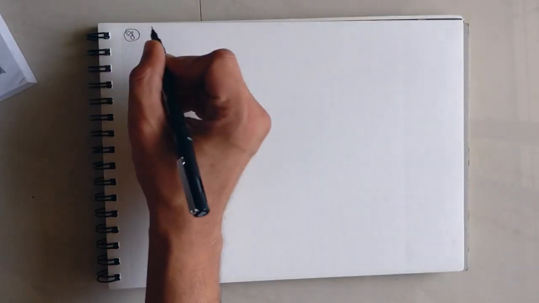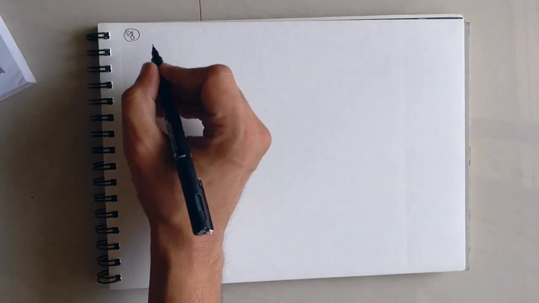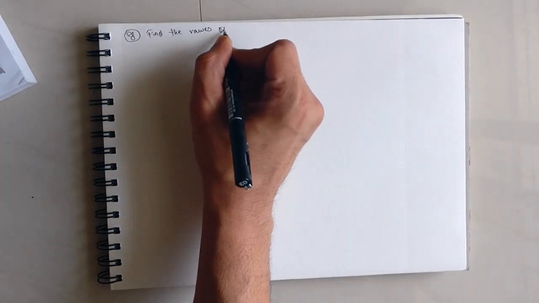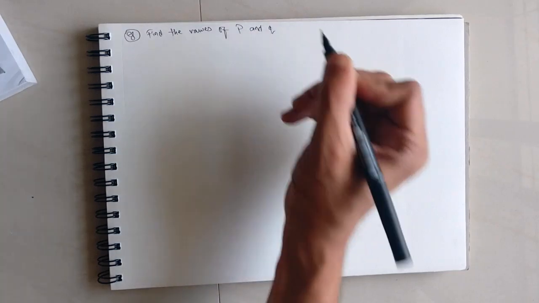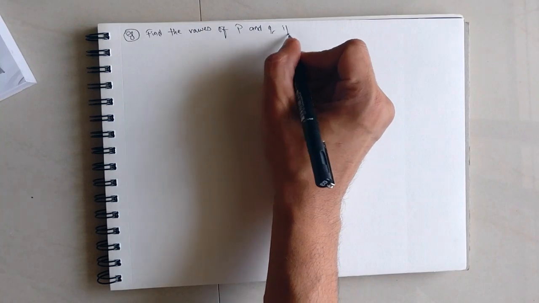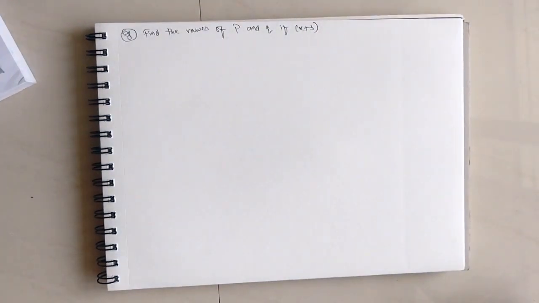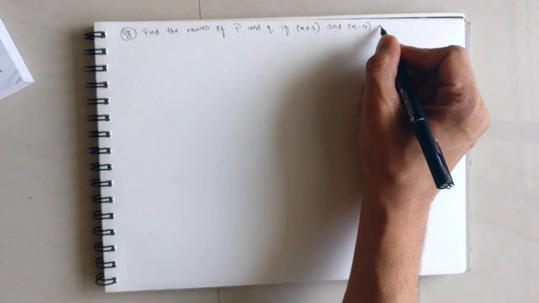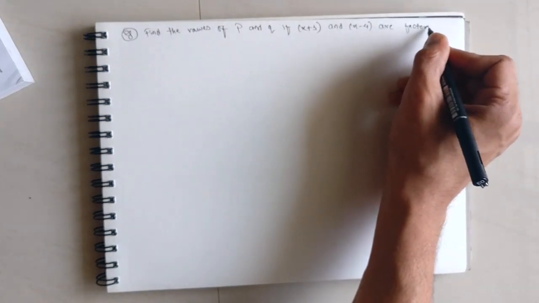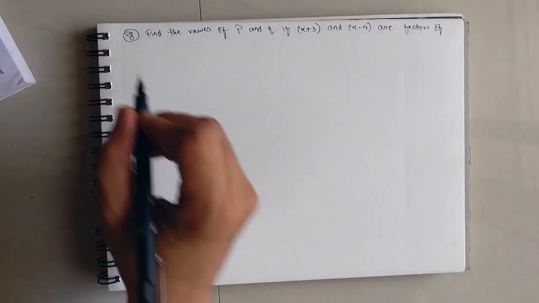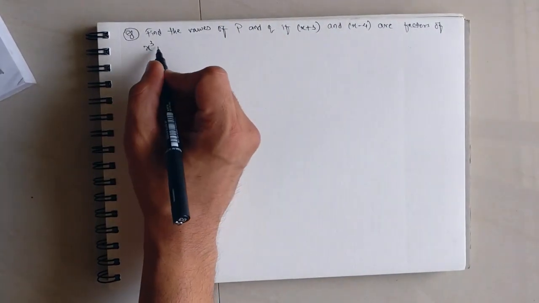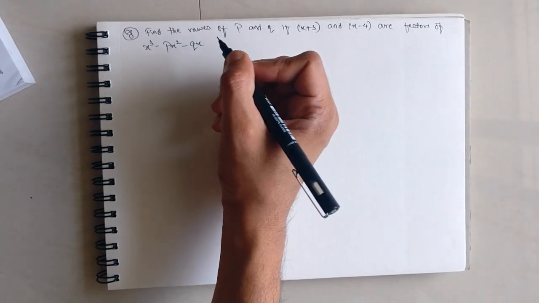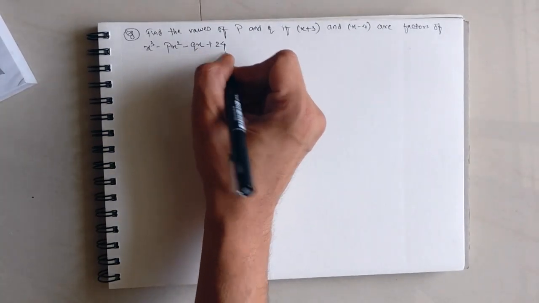The question is, find the values of P and Q if x plus 3 and x minus 4 are factors of x cube minus px square minus qx plus 24.